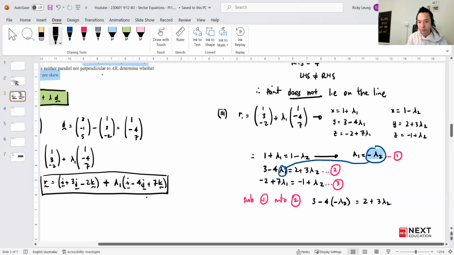So 3 plus 4 lambda 2 equals 2 plus 3 lambda 2. Therefore, lambda 2 equals negative 1. Yeah. And in that case, lambda 1 equals, let's see, if I sub negative 1 back in, it will be positive 1, right?